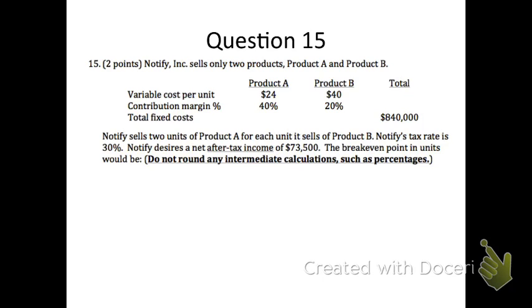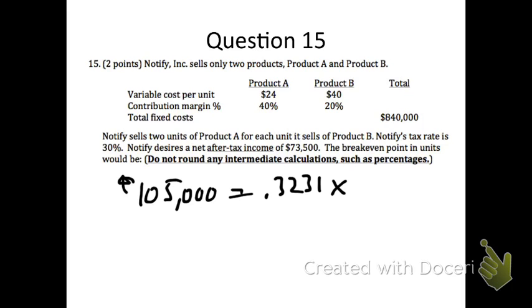So then, to get the total sales that we need: 105,000 equals 0.3231x, that's our total contribution margin in dollars, minus 840,000. And roughly, if you do this, let me see what exactly it is.